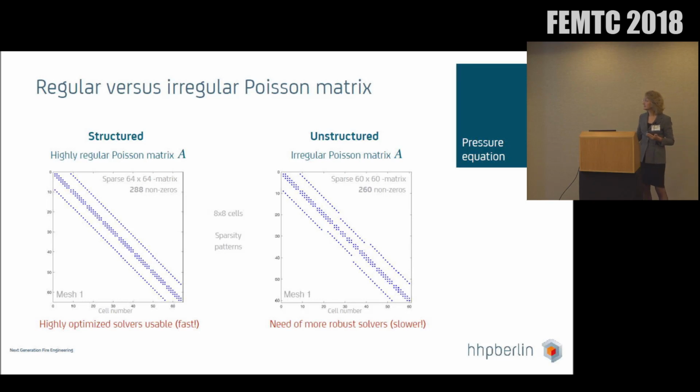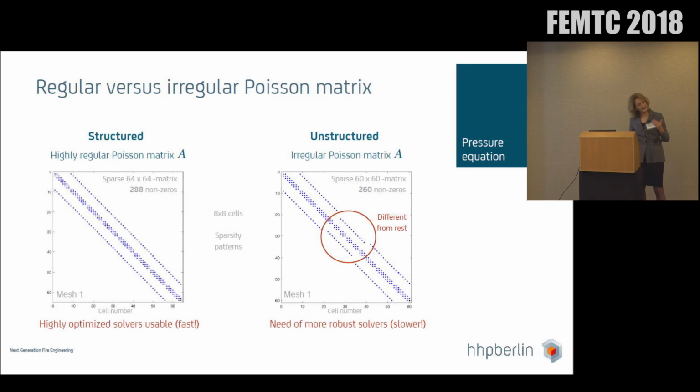Here, you see, it has a very regular structure. It's the same everywhere. And this has a huge advantage, namely, we are able to apply highly optimized solvers, as it is done in FDS with the FFT solver. Those solvers exploit this regular structure of the matrix.